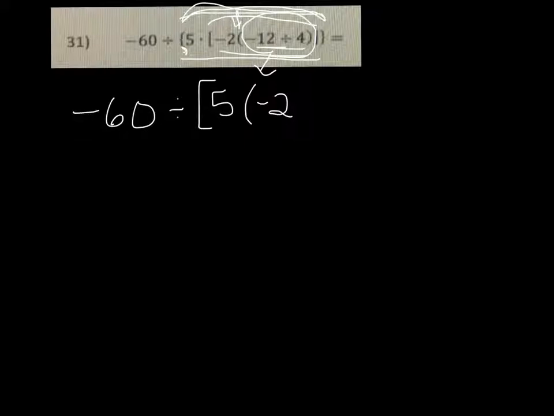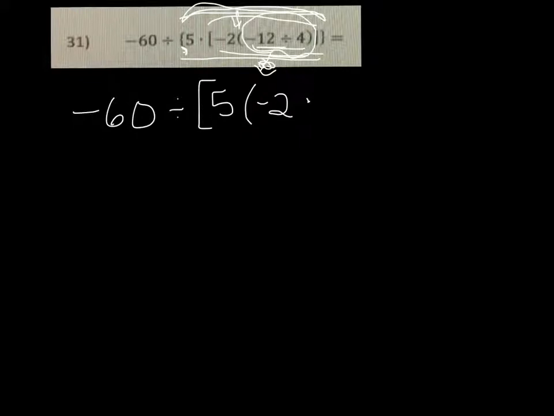Okay. Negative 60 divided by, so we got to do this guy first. 5 times negative 2. Oh, I should have still used the other one. That's alright. I'll just use a times symbol.